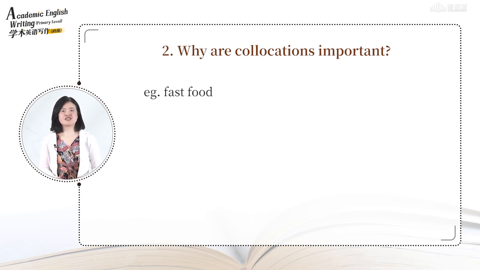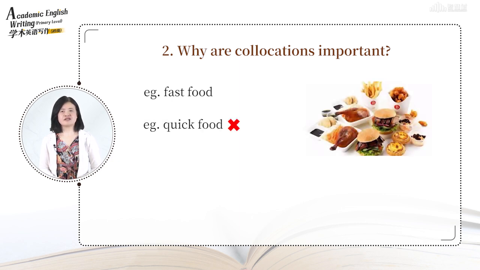Quick and fast are synonyms, but if you swap the word fast for quick and say quick food, people would have no idea that you are referring to a takeaway restaurant. Similarly, if you changed the word food for meal and say fast meal, you might also receive a strange look from a native speaker.